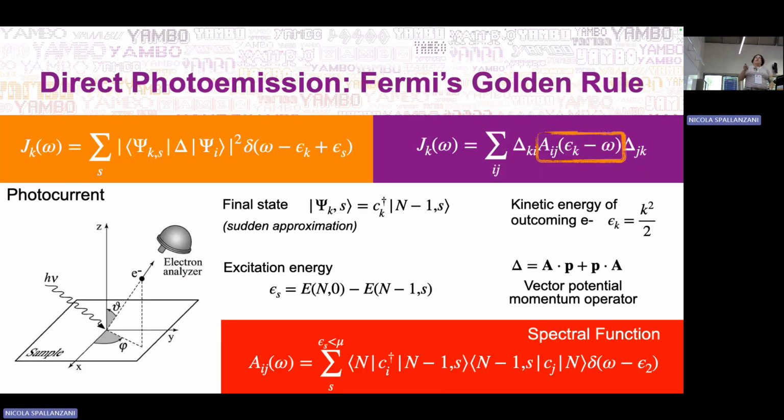Okay, so going back to our direct photoemission experiment, we shine light in a system, and then we have to measure a current, a photocurrent, and this photocurrent can be computed using Fermi's golden rule that is given by this expression here, where we have the final state of the system, the energy of the outcoming electron, and the energy of the light we are using to shine on the system.